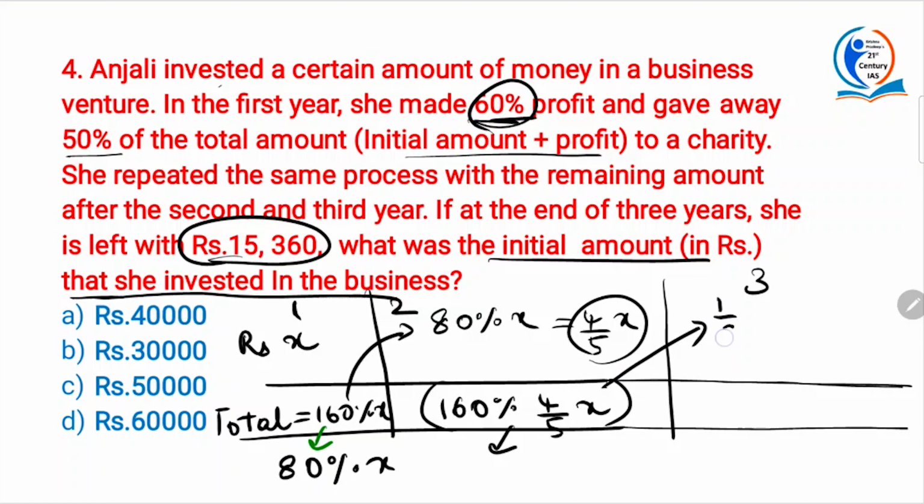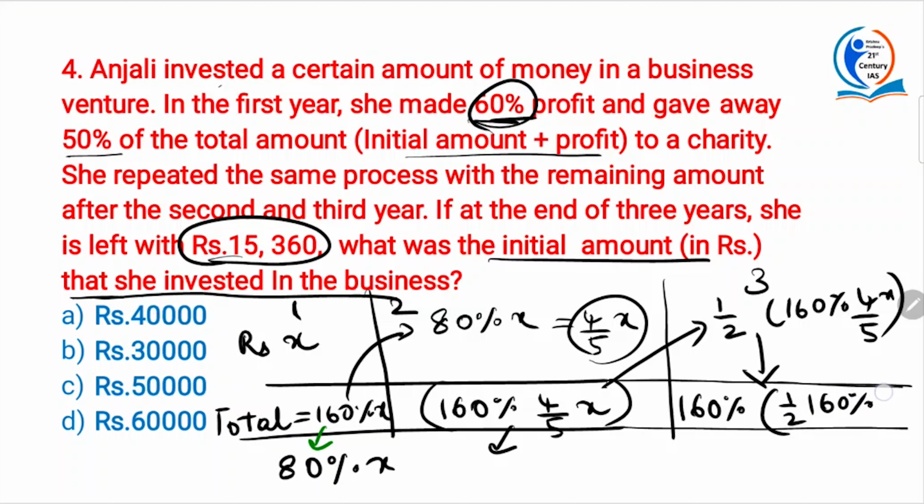So it will become half of 160% of 4 by 5 of X. Now, what is the profit that she's getting? Again, 60%. So the total amount will become 160% of half of 160% of 4 by 5 into X.